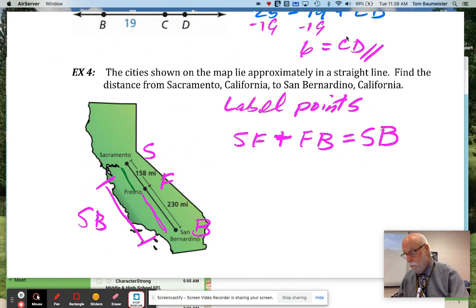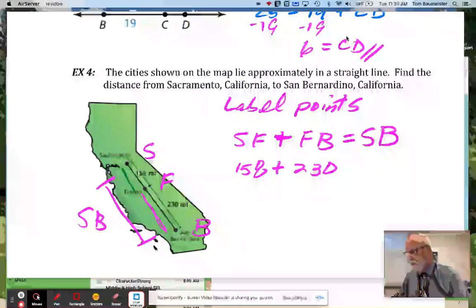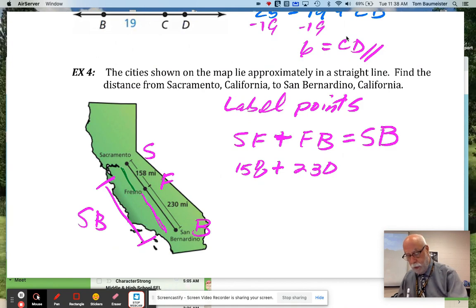All right, when I plug that in, from Sacramento to Fresno is 158 miles. And then from Fresno to San Bernardino is 230 miles. And if we add those all up, we'll see that equals SB.